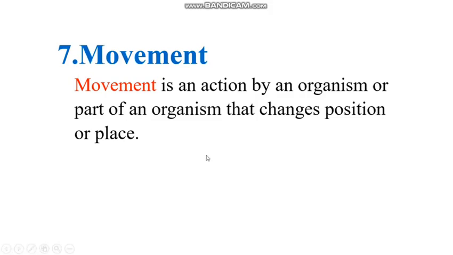Organisms are able to change their positions depending on different factors. Others may change their positions because they are looking for food, or other organisms may change their position because of factors such as wind, or because they are being moved. So these are some of the characteristics of living organisms.